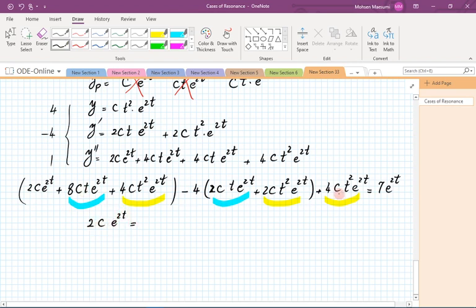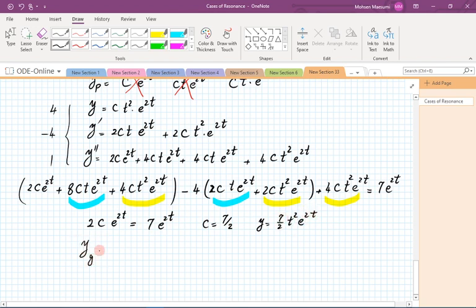All of the rest automatically cancels out, so I do have a chance of making two sides equal to each other. I simply need to take c to be 7/2. Well, that means this trial solution that we had is going to be 7/2 t squared exponential of 2t, and then what?